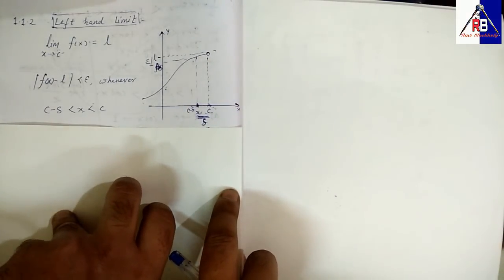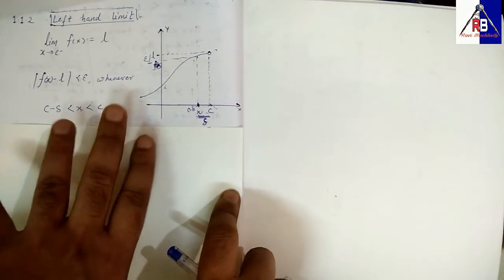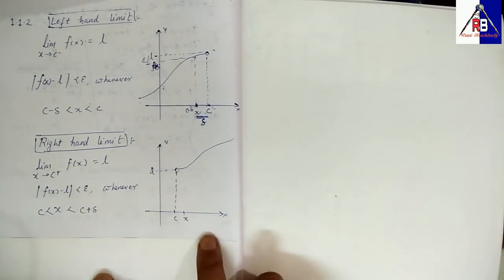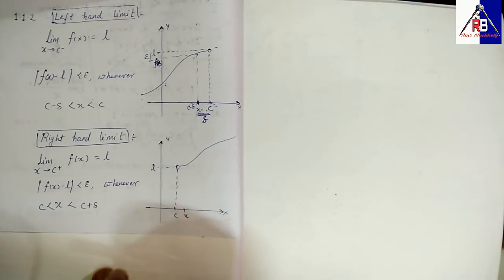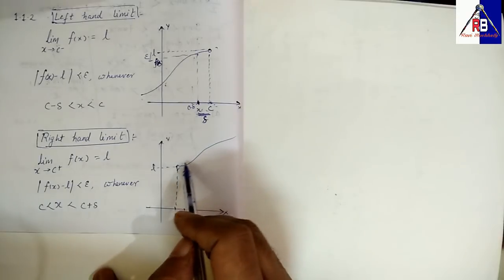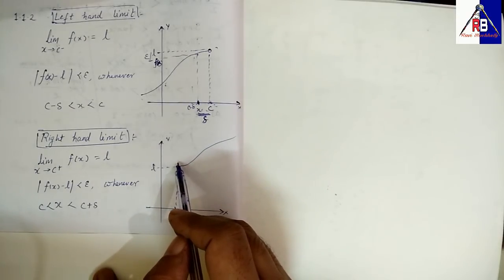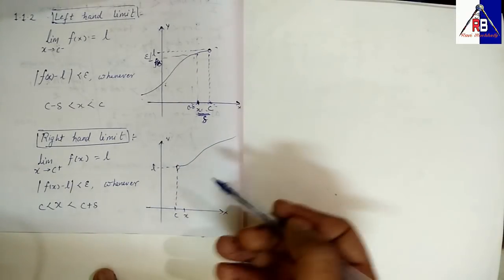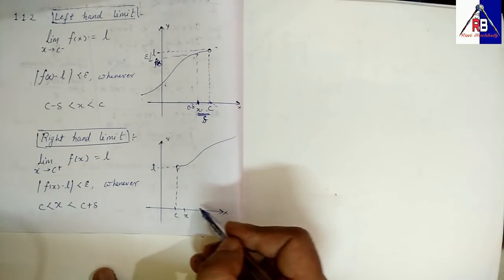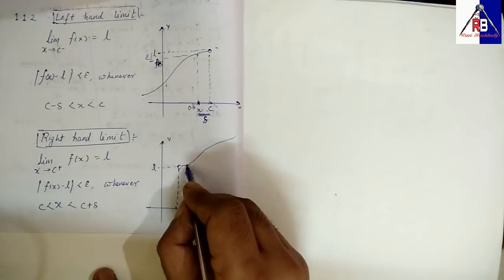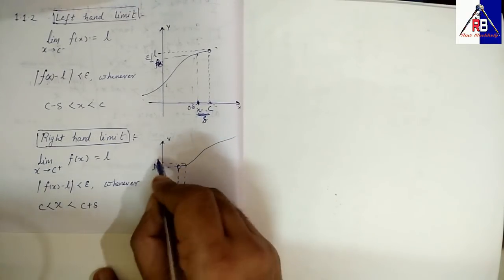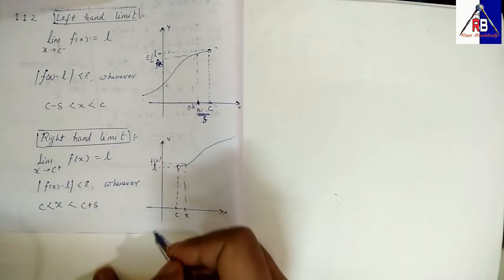We'll not be using this definition in any of the questions, but it is important to understand. Now, right hand limit has a similar definition. Let me state it once. A function f is said to tend to a limit L as x tends to c from right, if x approaches c from right, and like before, this is f(x).